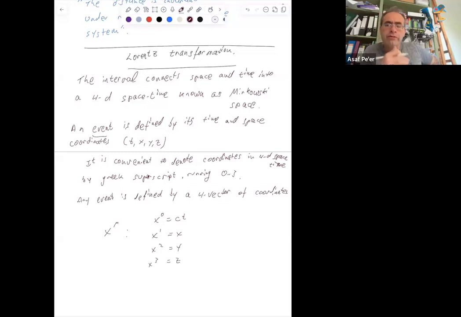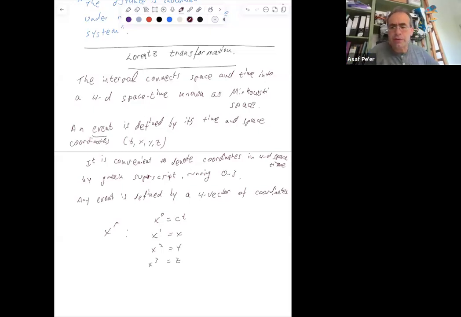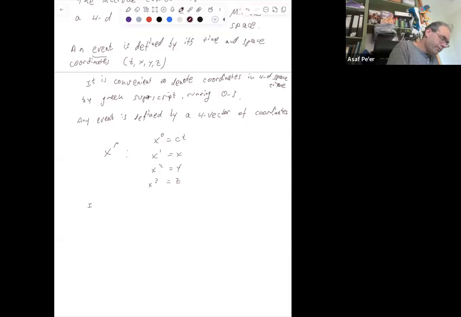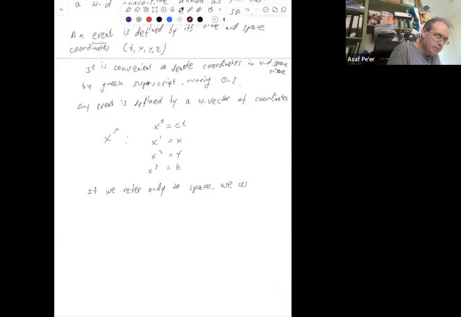Now, if we only talk about space coordinates, so we don't have the time, then it's common to use Latin indices. So if we refer only to space, we use Latin indices, x i, so x1 is x, x2 is y, x3 is z.